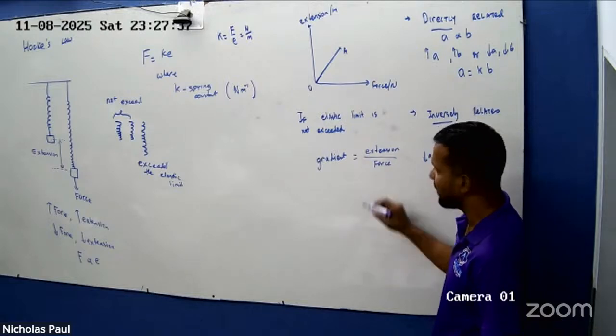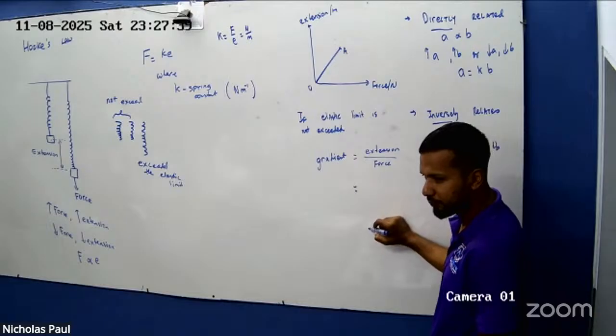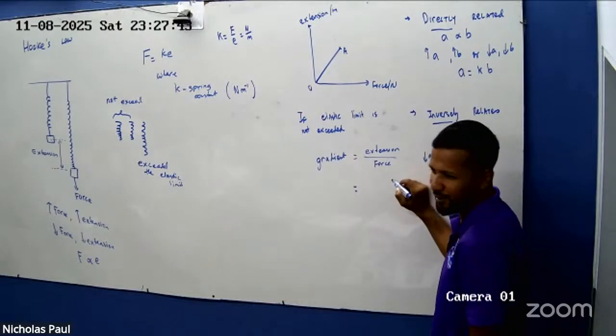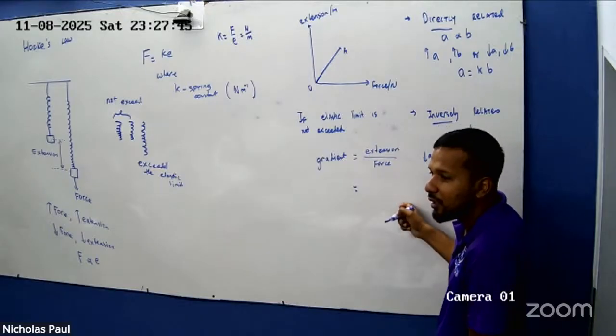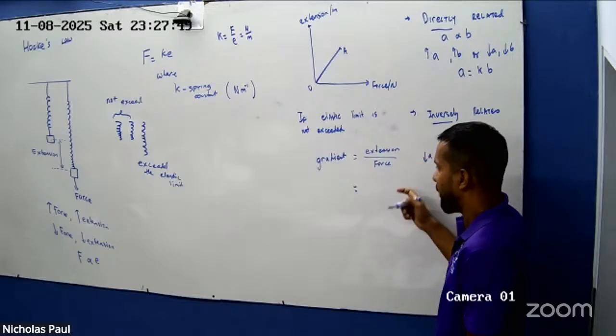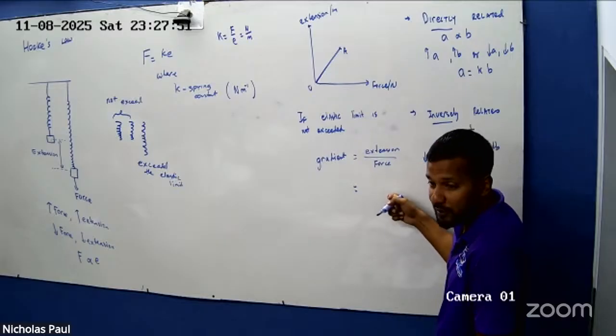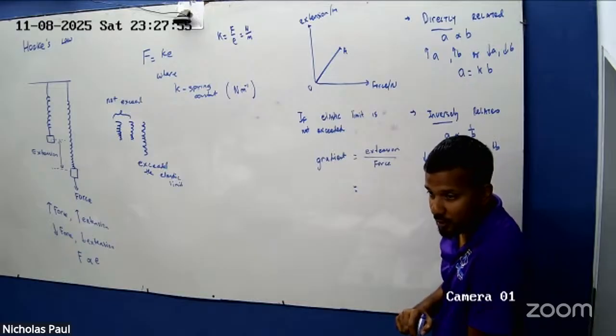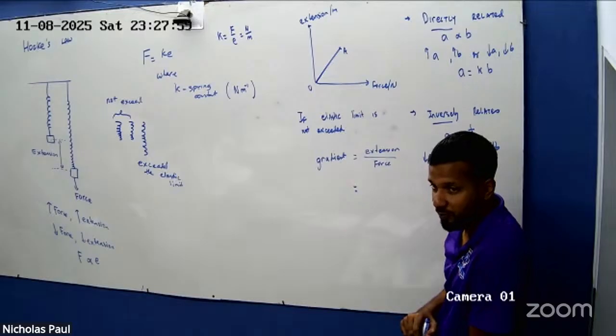Meter per Newton, which is not very helpful, but what does that represent? Like a hint up there. Anybody?